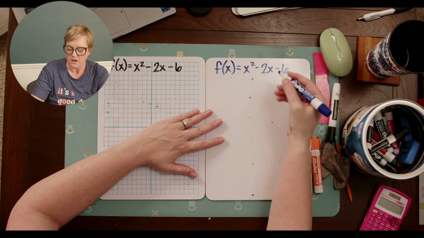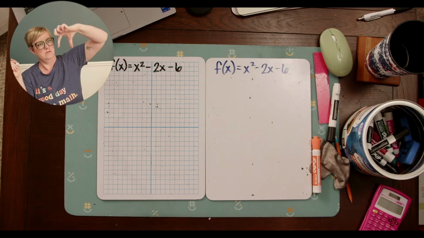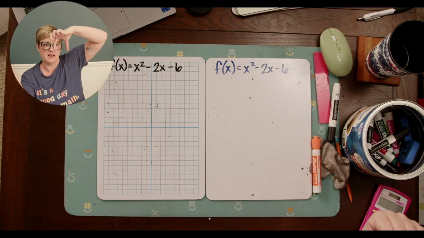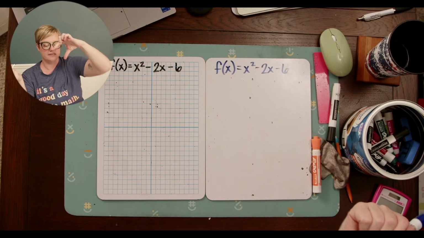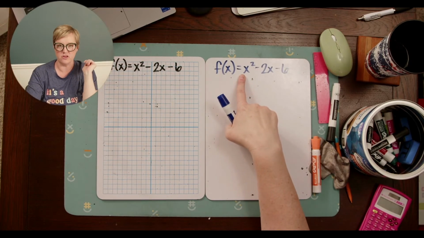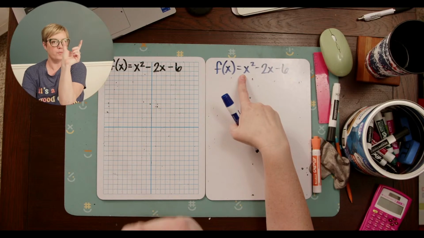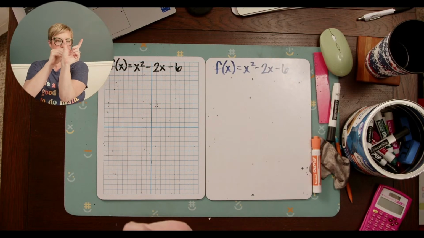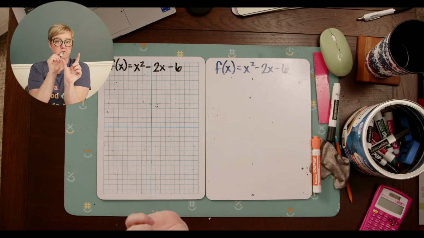Okay, so a parabola, in general, looks like a U or an N, I guess, like an upside down U. Since this first value, this a value, is positive, it's going to open up like this, shaped like a U, and that bottom point of the U is what we call the vertex.